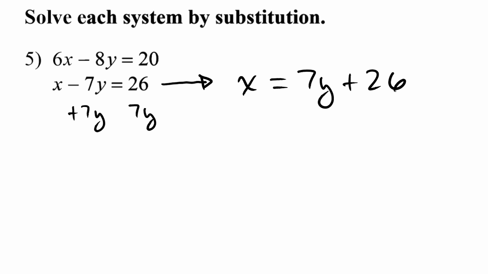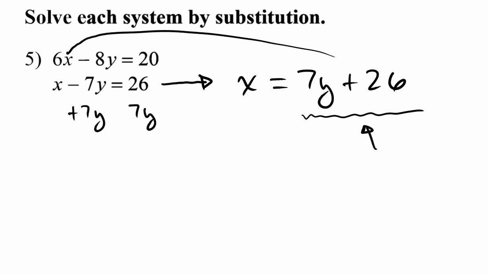What I do now is we're going to take this value of x and we're going to substitute it in for x in the other equation. So in other words, this thing right here is equivalent to x. And I'm going to place that in the first equation right here where x is. So I'm going to write down this equation.